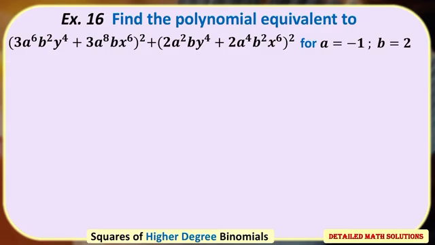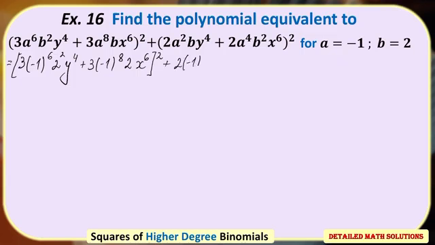When I do that, this equals 3 times (-1) to the power of 6, 2 squared y to the 4th power, plus 3 times (-1) to the power of 8, 2x to the 6th power, in parentheses, squared, plus 2 times (-1) squared multiplied by 2y to the 4th power, plus 2 times (-1) to the 4th power multiplied by 2 squared x to the 6th power, in parentheses, squared.